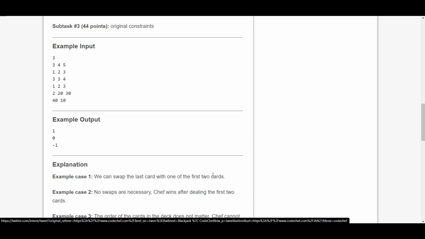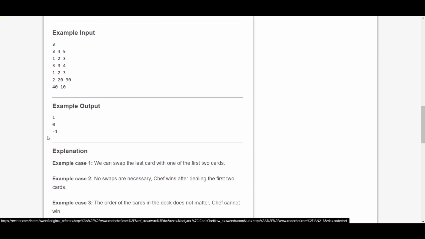If we swap card 3 with 1, the sum would be 3 plus 2, which equals 5, that is equal to y, and the chef would win. If we swap it with 2, the sum would be 3 plus 1, which equals 4, and again the chef would win. So the output is 1.